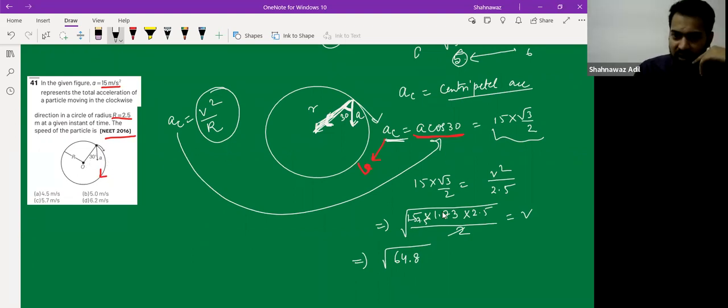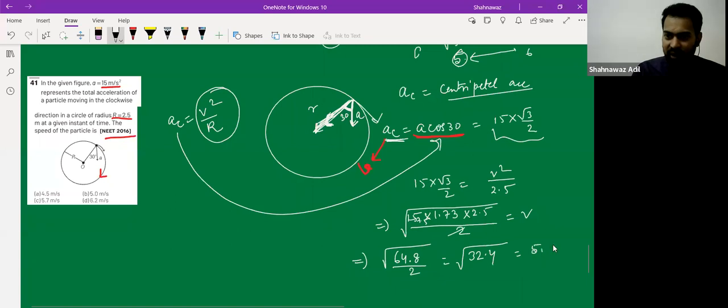What am I missing? 64.8 divided by 2 is 32.4. Okay, so this is root of 32.4, which is nearly 5.7. Am I correct? Yes, sir. So C is the right answer. Sanya, please check your calculation.